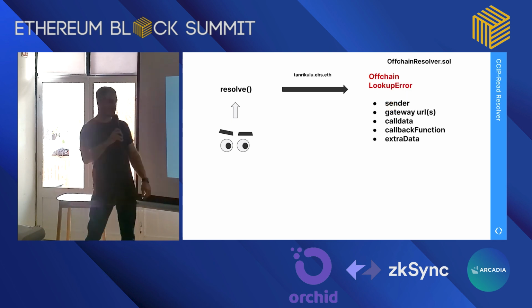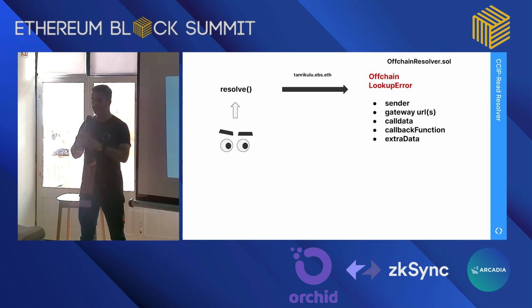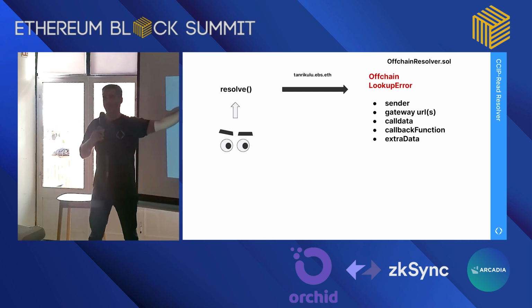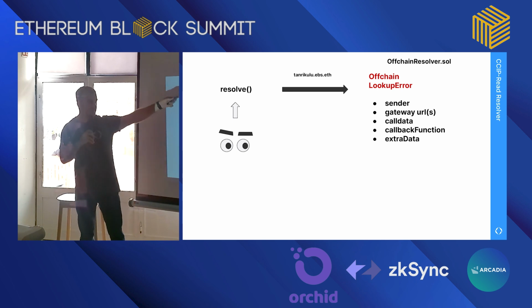It's not saying no. It says, I don't know this address, I don't have any record for this name, but there might be a place that you may want to look. So this is what we call an off-chain lookup error. And we are sending the relevant information.